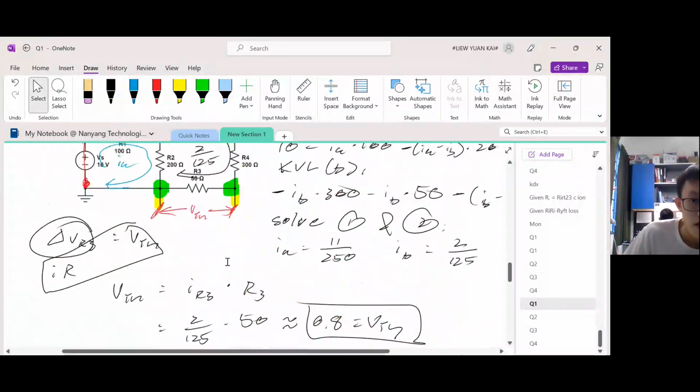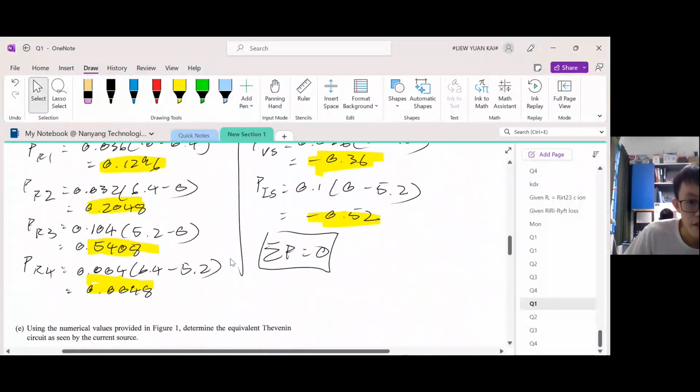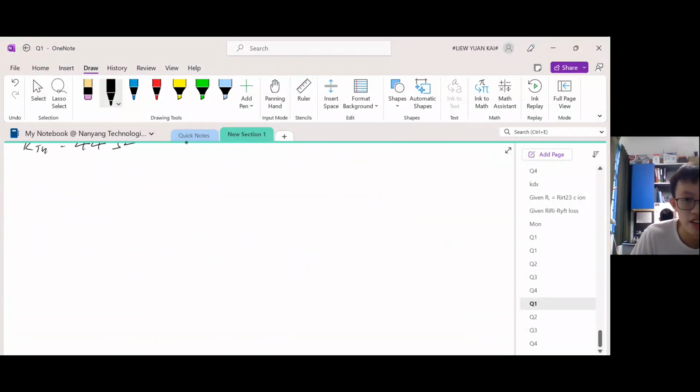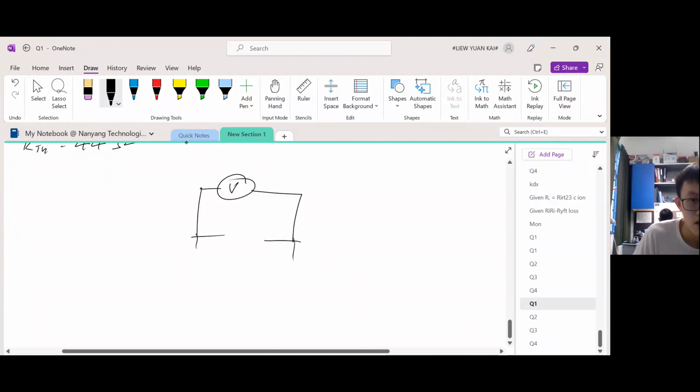Okay, so we've already done it. We found the Thevenin equivalent. So now we just need to draw the Thevenin equivalent. The Thevenin equivalent, as seen by the voltage source, can be drawn like this. The voltage source, and then, sorry, if it's a voltage source, then it cannot be parallel.